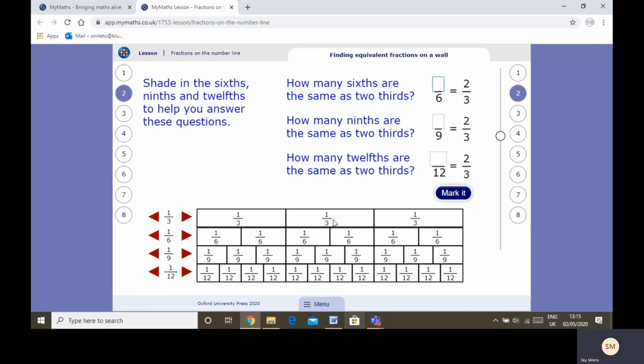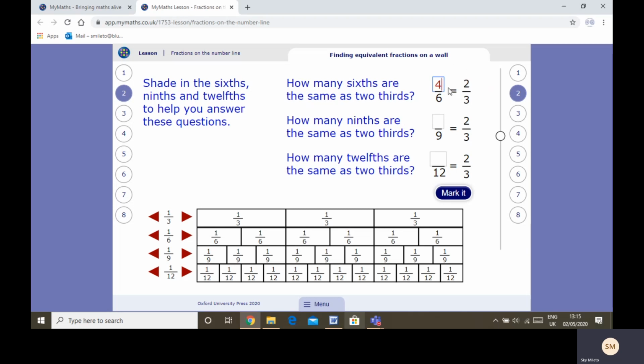Now we're looking at 2/3. How many would be sixths? I've got these two blocks. I'm going to count the sixths: 1, 2, 3, 4. So we know 4 sixths is equivalent. We've got an equal sign here because it means they're exactly the same. Equivalent and equals mean the same thing.